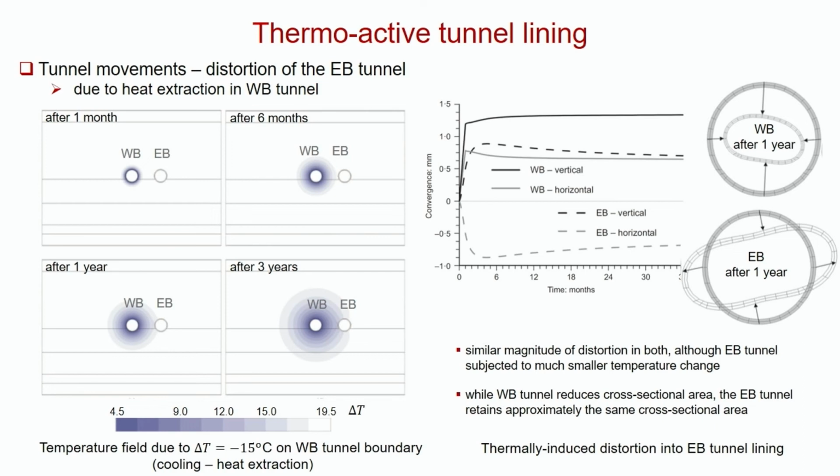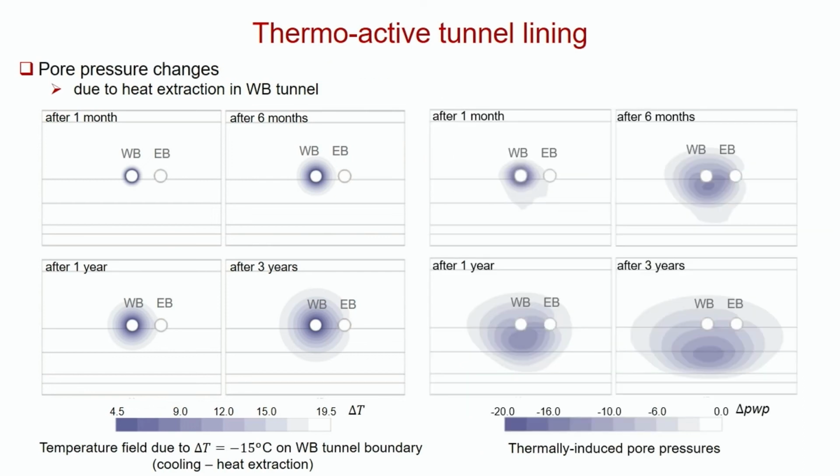But again, just to point out, these are the pore pressures that are being caused by this difference in the expansion of water and the expansion of the soil particles. And you can see that there are areas where we're getting these negative pore pressures because we're cooling it, so therefore the water's trying to shrink more than the soil.